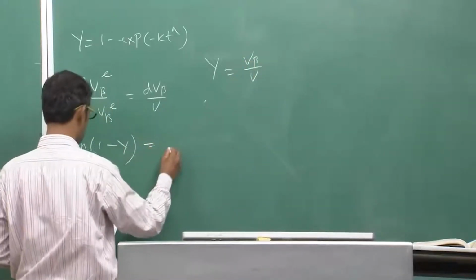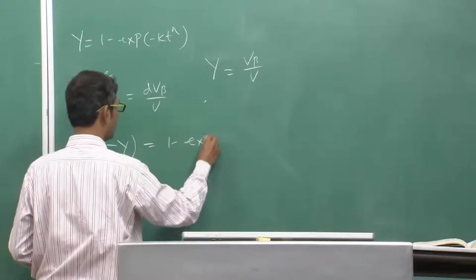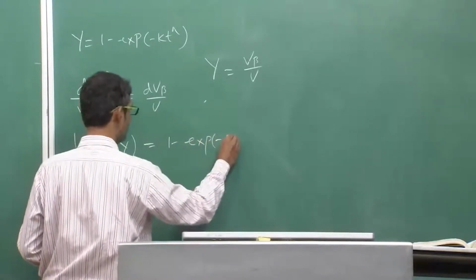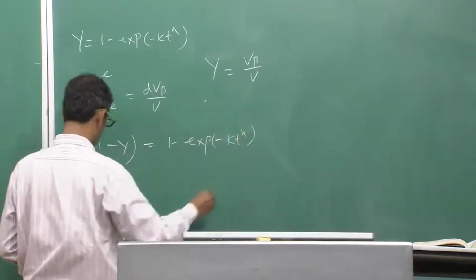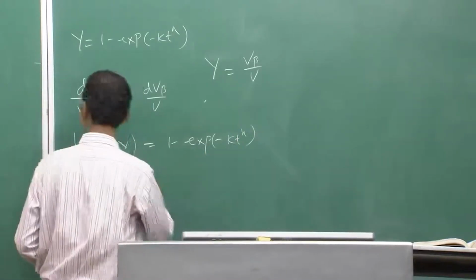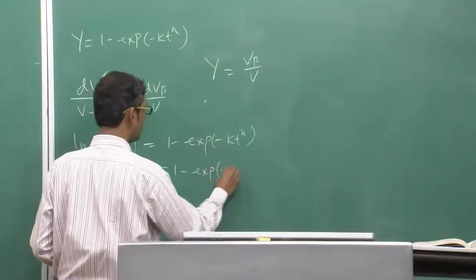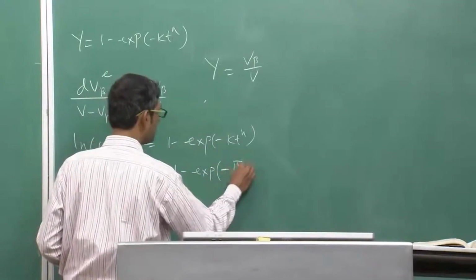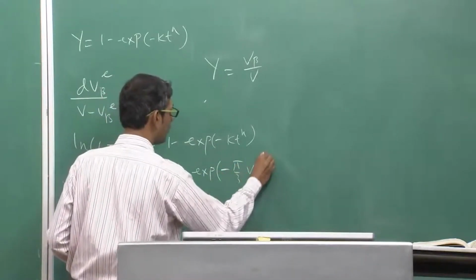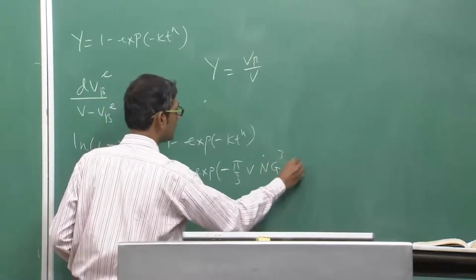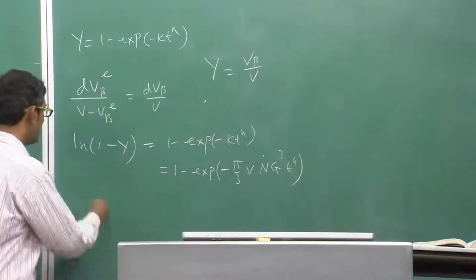So that's equal to 1 minus exponential minus KT^n, and it's easy to understand that if I put this in, this becomes exponential minus pi by 3 V n dot G dot Q t to the power 4.